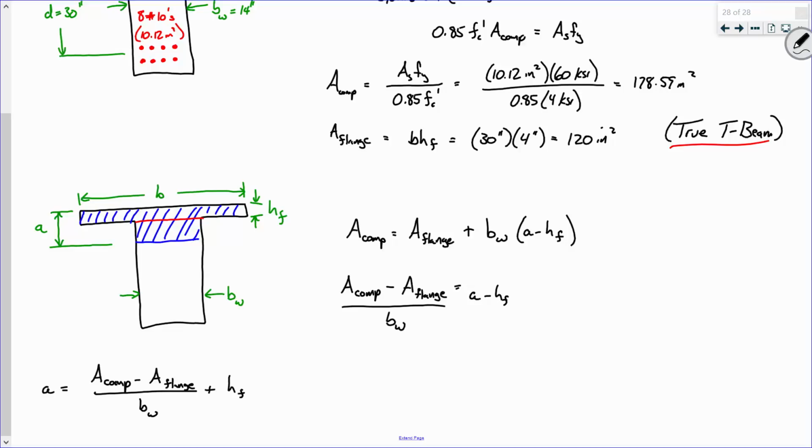So let's plug and chug and then we'll call it. All right, so we have 178.59 square inches minus the area of the flange, which is 120, divided by b sub w, which is 14 inches, plus h_f. So what do we get?